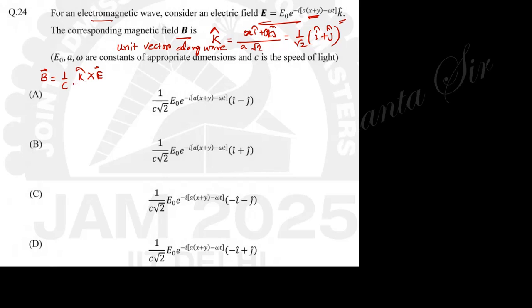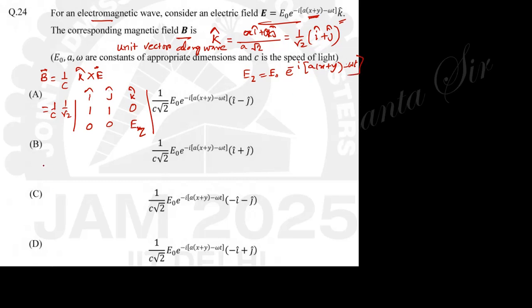Taking this cross product, 1 by root 2 with i cap, j cap, k cap: i cap coefficient 1, j cap coefficient 1, k cap coefficient 0, and E is along the z direction, so the components are 0, 0, Ez. Ez is E0 e to the power minus iota (a x plus y) minus omega t.